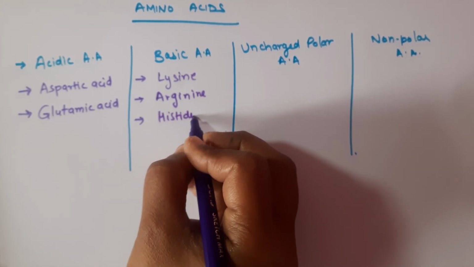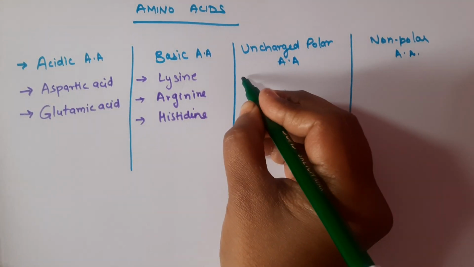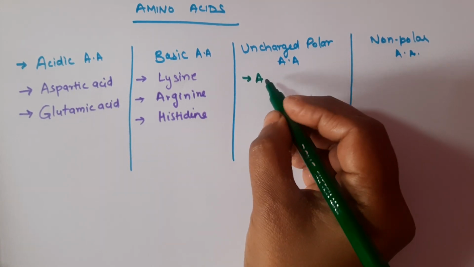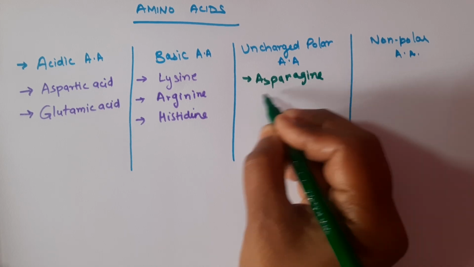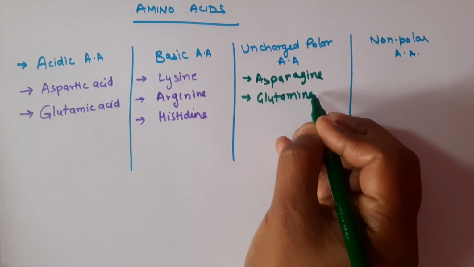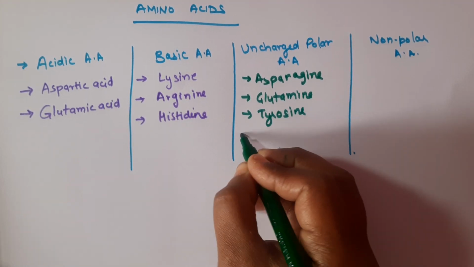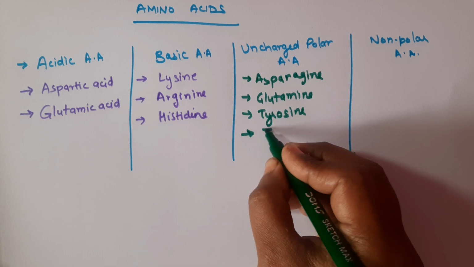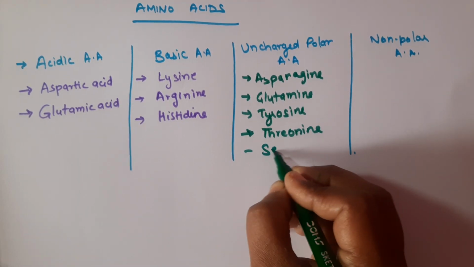Okay, if we talk about the uncharged polar amino acids, there are 5 amino acids: asparagine, then there is glutamine, tyrosine, threonine, and serine.